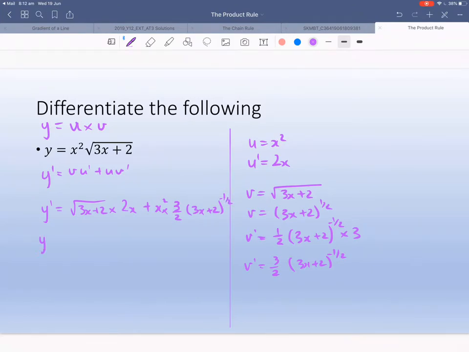Now I'm just going to clean this up a little bit, not as much as I did last time. 2x root 3x plus 2 plus, I'm going to put this in a fraction. I'm going to go 3x squared at the top of the fraction, and then see that's at the bottom of the fraction, so I'm going to keep that at the bottom.